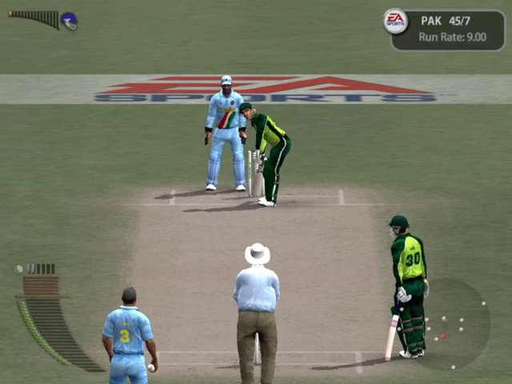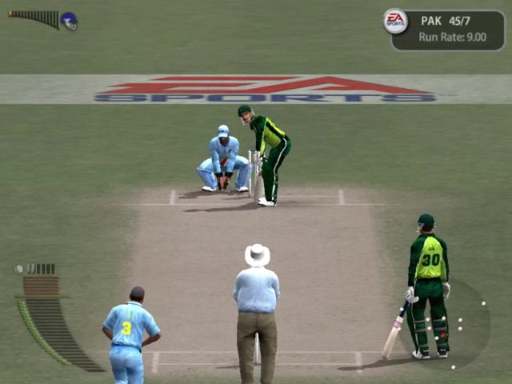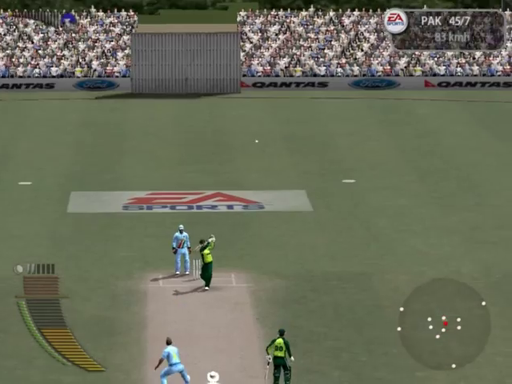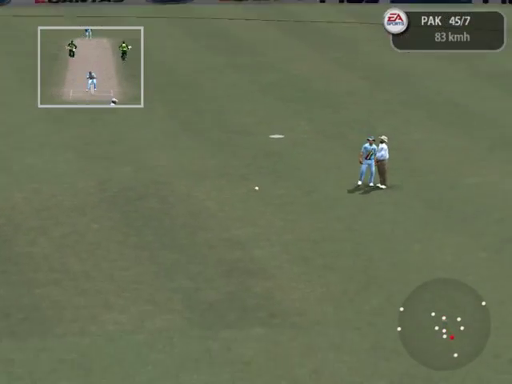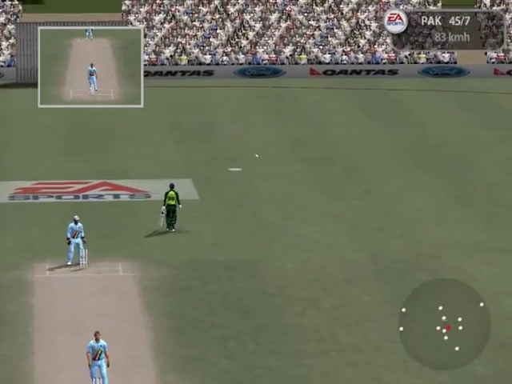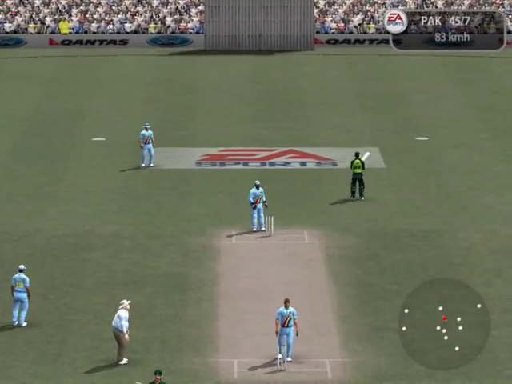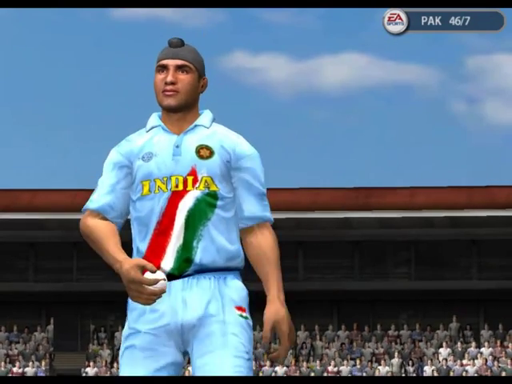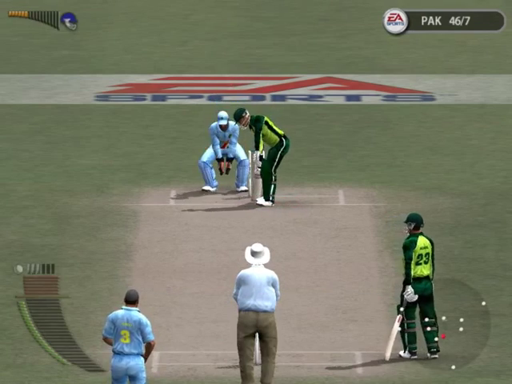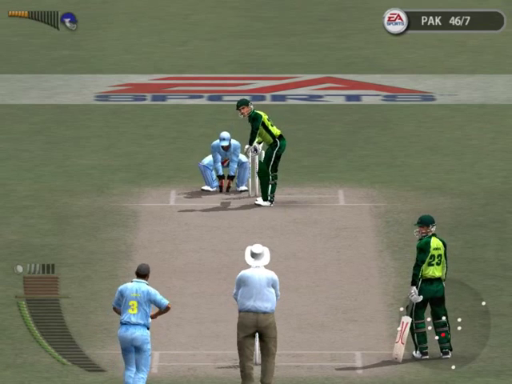Kamran Akmal facing. It's high in the air. Just one run. Harbhajan Singh, the ball to Umar Gul.